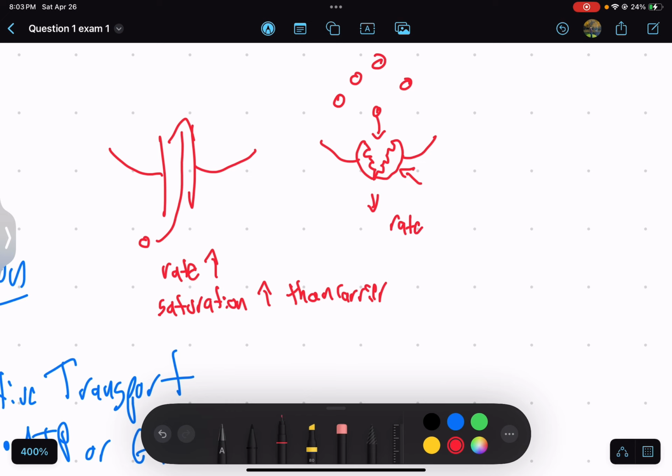And so the rate is going to be slower, and that means they can get saturated. Saturation level is higher in a channel than a carrier. This means a carrier needs to be saturated less in order to decrease the rate.